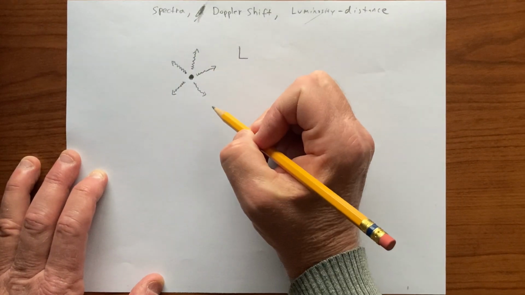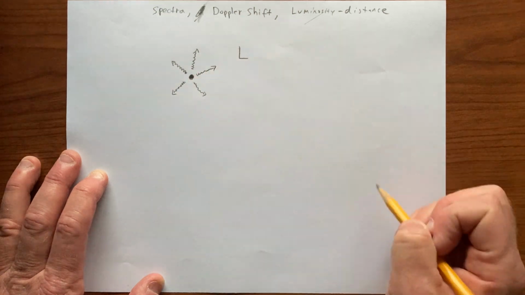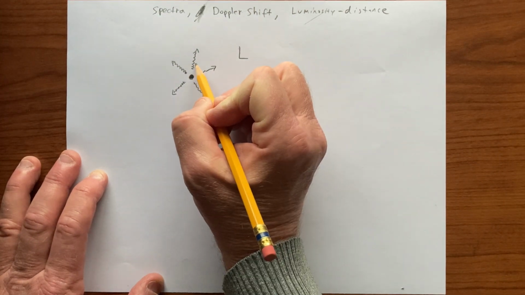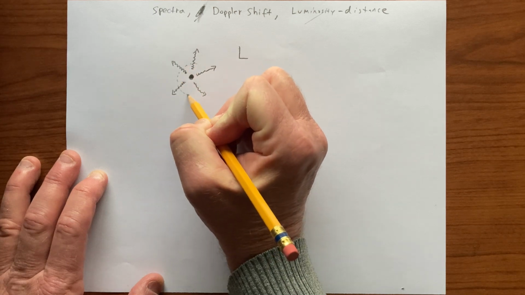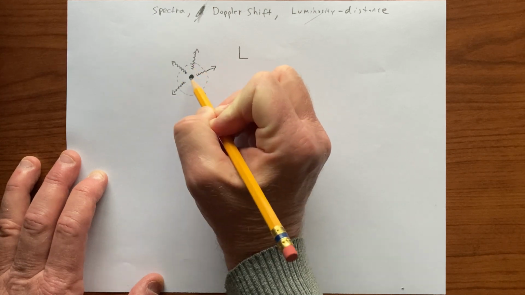And then, let's consider the energy comes out, and here is a sphere centered on this object.